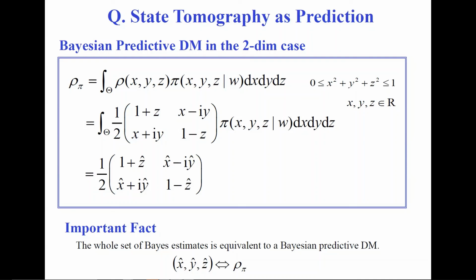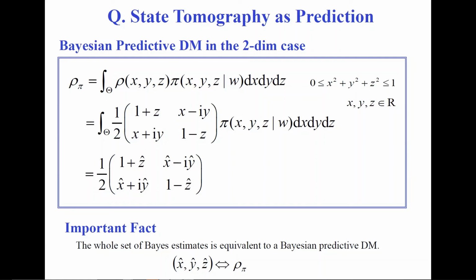So, in other words, any Bayes estimate of the parameter is regarded as a component of the Bayesian predictive density matrix. Okay, so neglecting the Bayesian prediction, if we give a Bayes estimate x hat, y hat, and z hat in the Bloch representation, then it corresponds to a certain Bayesian predictive density matrix, rho pi.